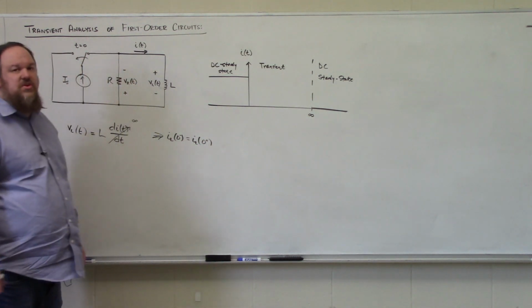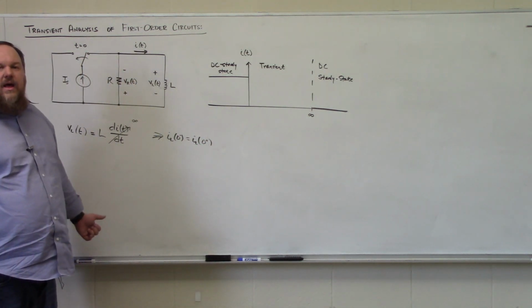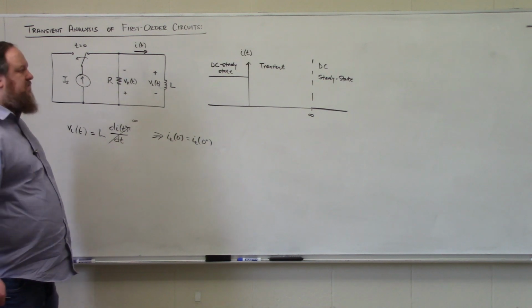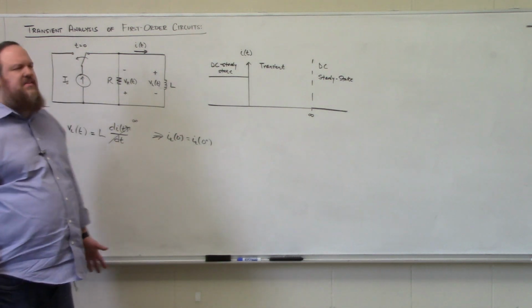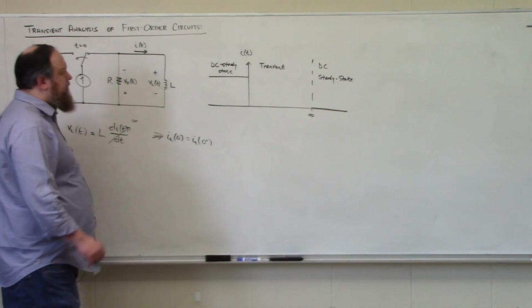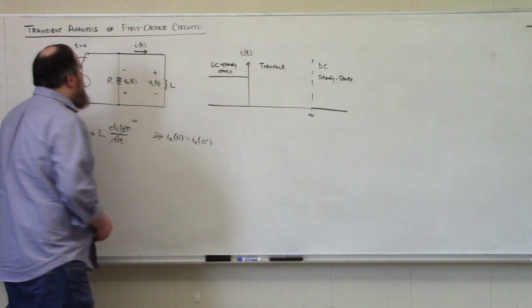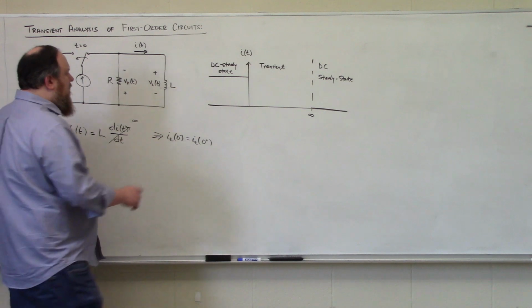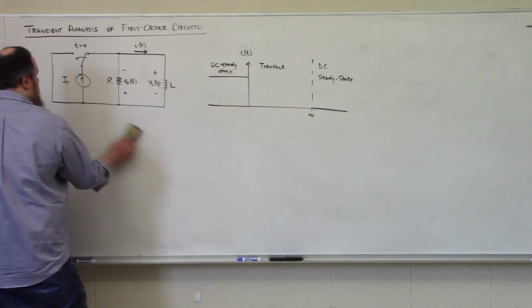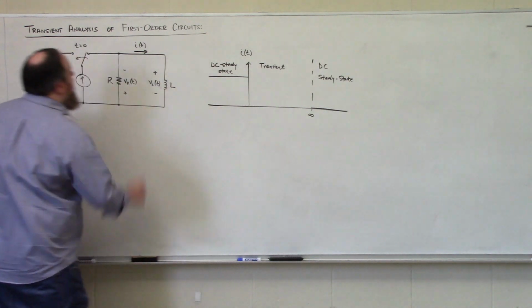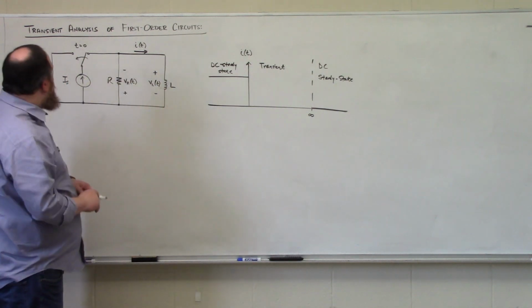If that isn't true, then we get an infinitely large voltage, which means we are transferring an infinite amount of energy in an infinitesimal amount of time, which cannot happen. So we're going to approach our analysis under this constraint. We're going to write ourselves a KVL equation around this loop.